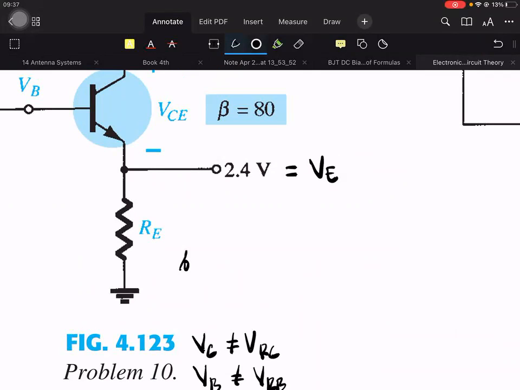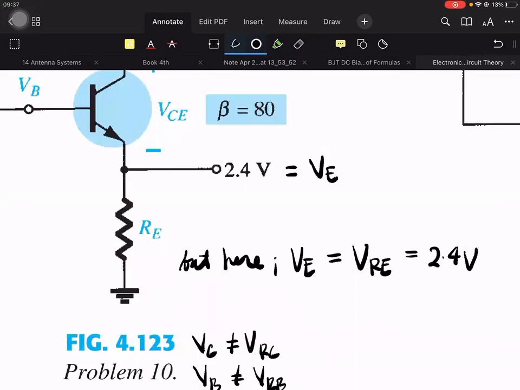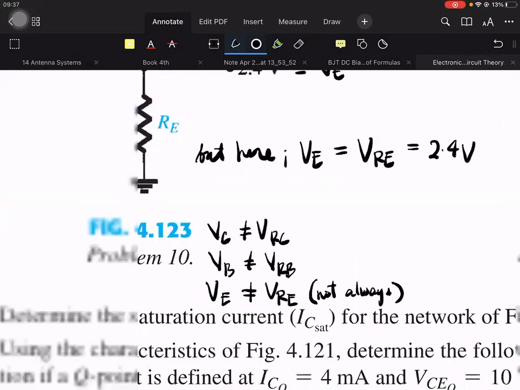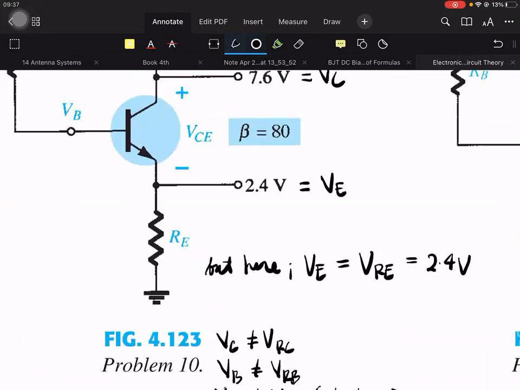But here, VE is equal to VRE, which is equal to 2.4 volts. So it's not always true. Sometimes it's true, sometimes it's not.